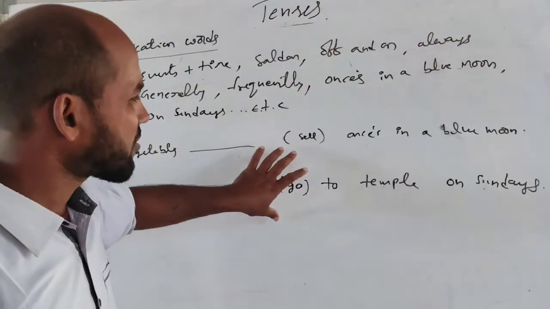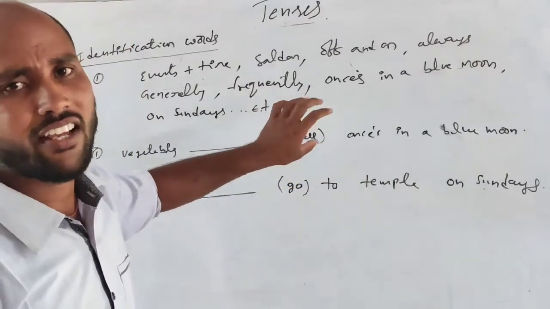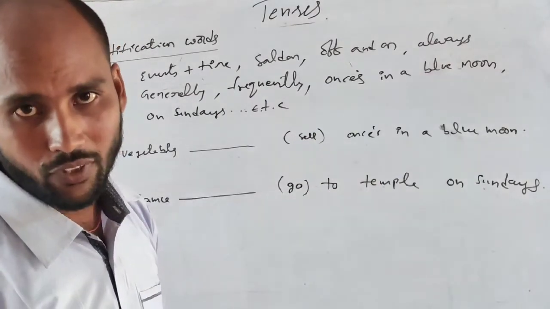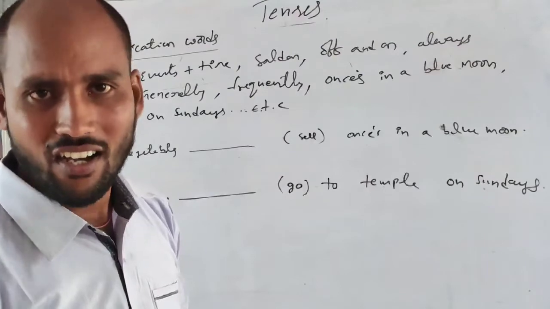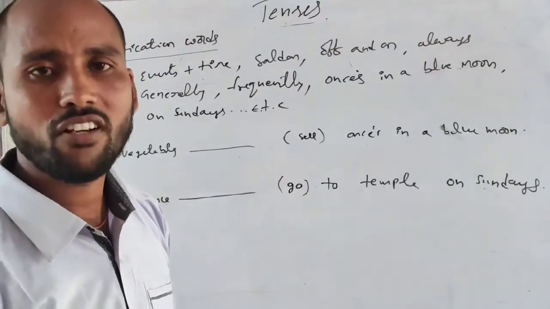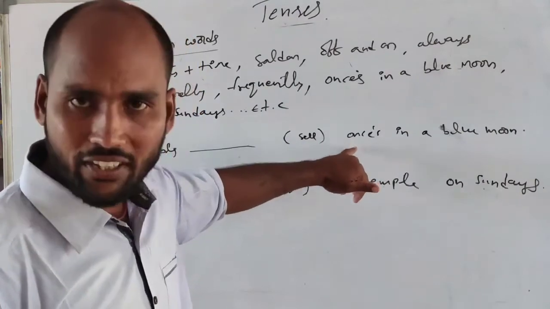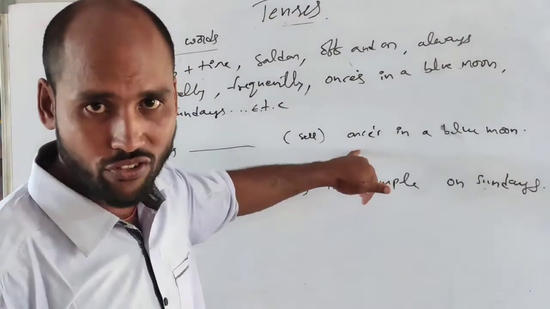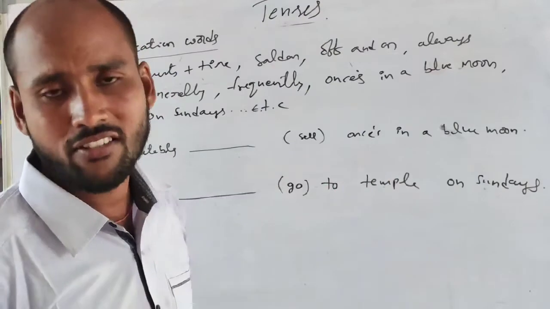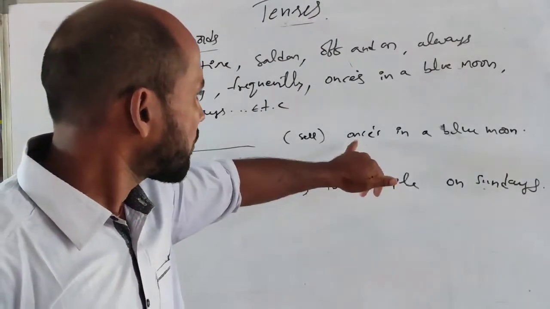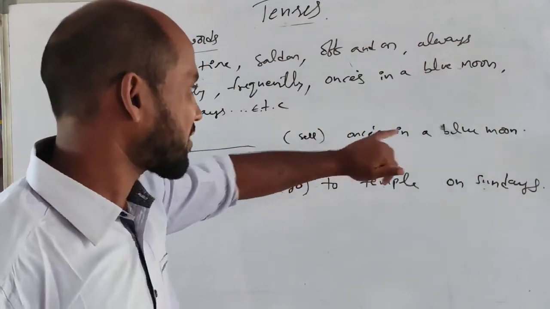First, in this sentence, which tense is followed? How do we understand? Firstly, we know the identification words. We read the sentence and look for any identification word. Here, vegetables once in a blue moon.